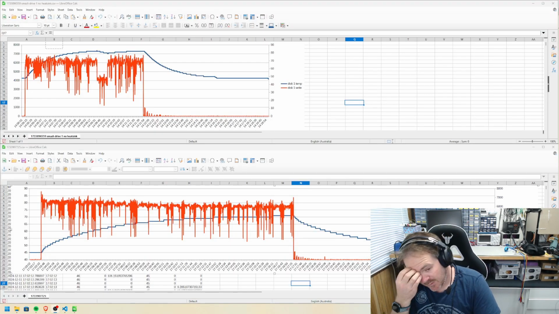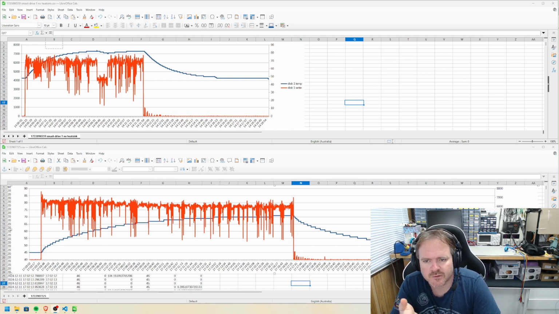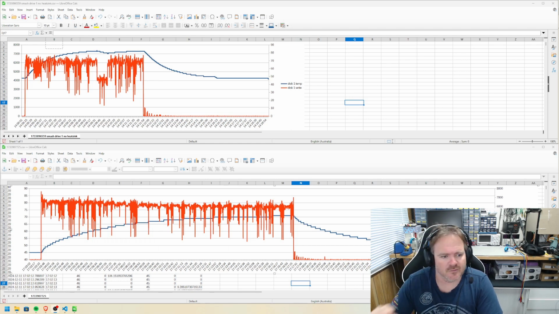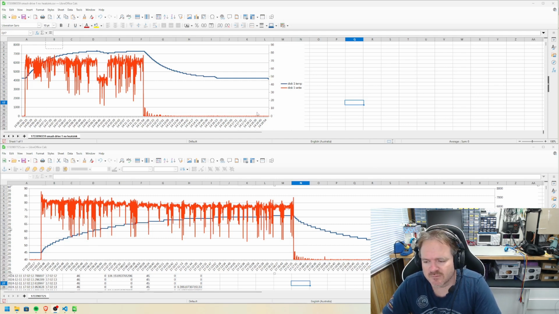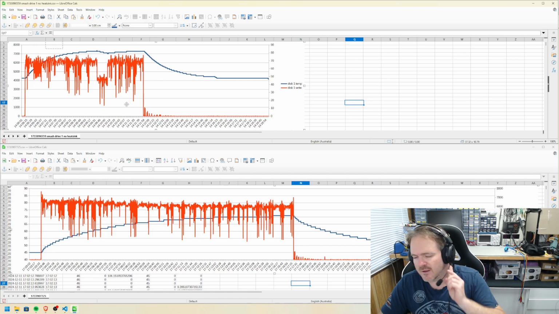So we've exported the results from the two tests into CSV files, opened them up in LibreOffice, and we've graphed. I've set up the axes the same to give the same relative scale. They're switched, left to right, but that's fine. So the ranges are the same, 90 and 8000, and the relative time scale is the same as well. The full duration of this one at the top, which is the first one without the heatsink, was 12 minutes.